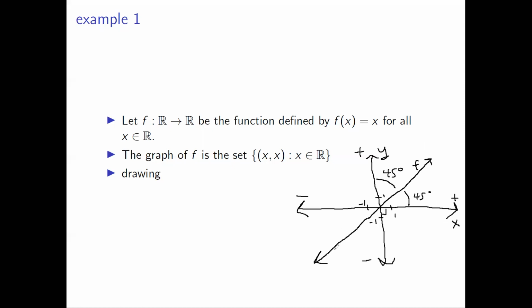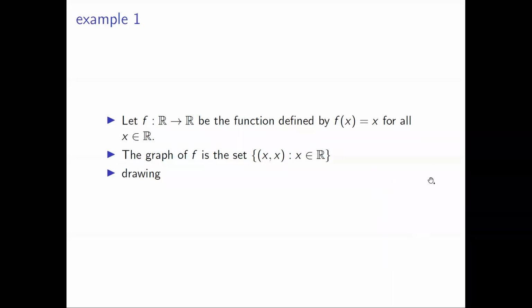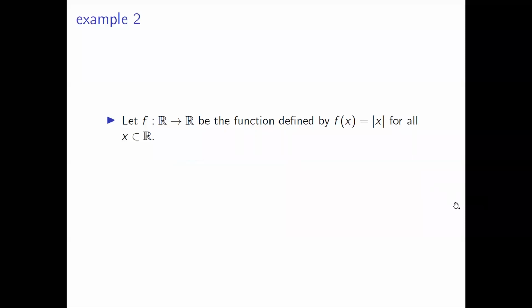Okay, let's see another example. Here's another function that we just saw. The function from the reals to the reals defined by f of x equals the absolute value of x. And the graph of this is just this set of ordered pairs x comma absolute value of x for x in the reals. We can actually draw that set as the union of a few sets.